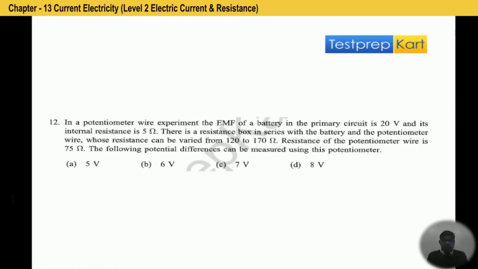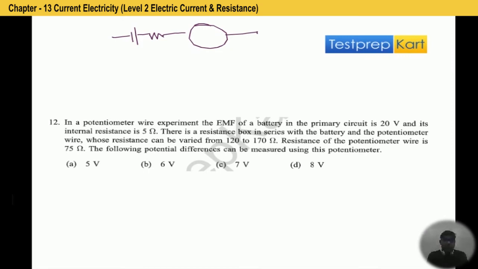Next, question number 12. A potentiometer wire experiment. EMF of the primary battery is 20 volt and its internal resistance is 5 ohm. There is a resistance box in series with the battery and potentiometer wire, whose resistance can vary from 120 to 170. The resistance of the potentiometer wire is 75.